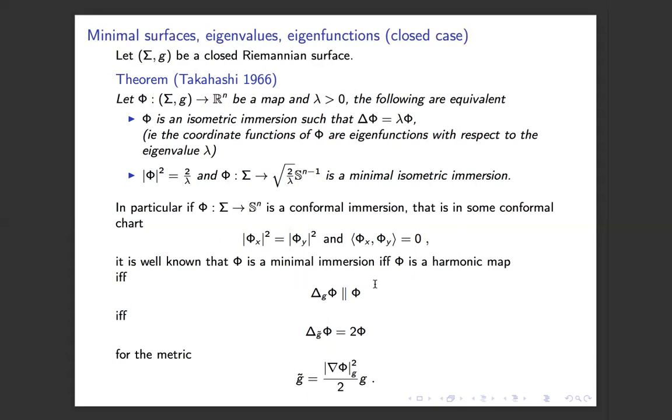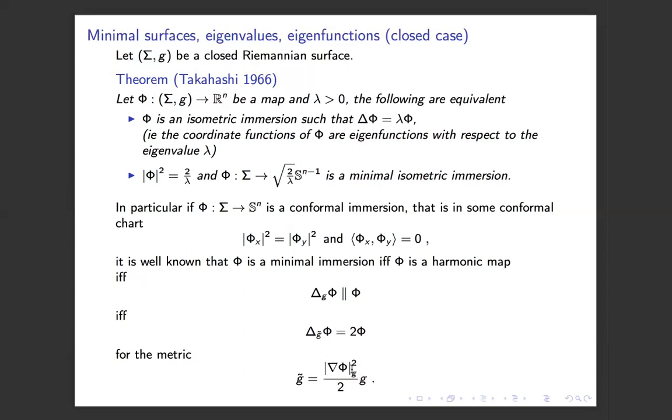If and only if, it is the Euler-Lagrange equation associated to harmonic map, the Laplacian is parallel to phi, if and only if the Laplacian of phi is equal to 2 phi, that is that the coordinates of phi are eigenfunctions associated to the eigenvalue 2 for some new metric defined by a conformal factor times the previous metric.